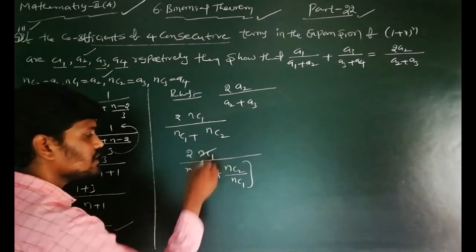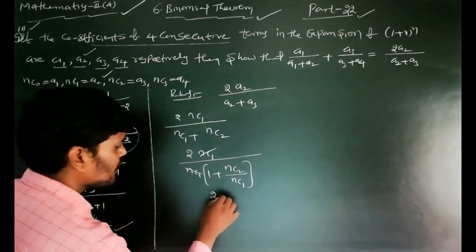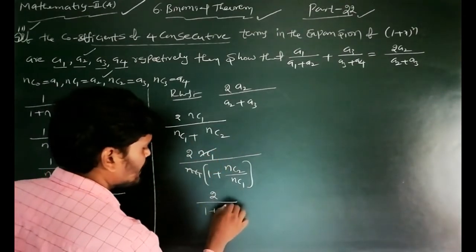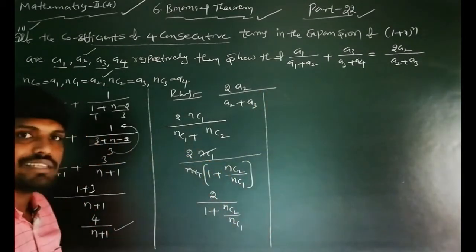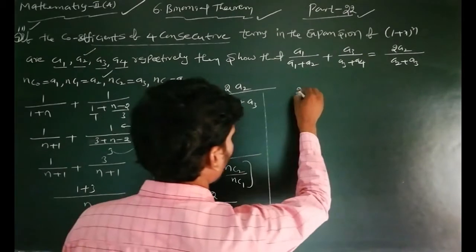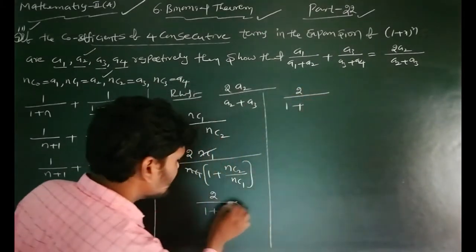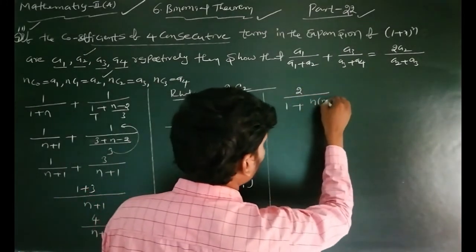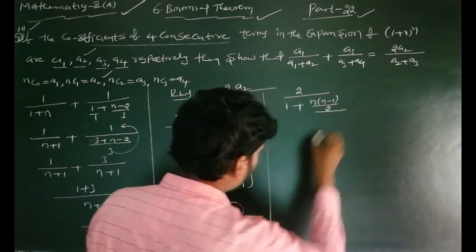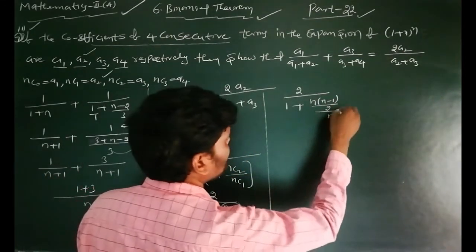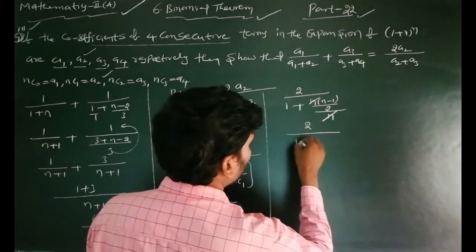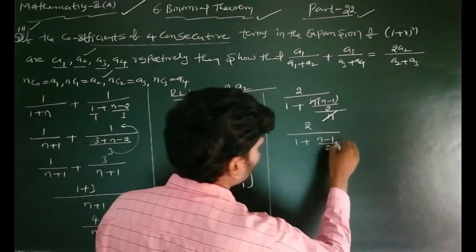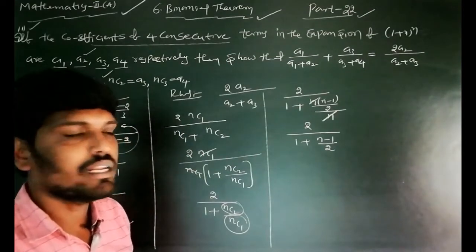Here nC1 gets cancelled. 2/(1 + nC2/nC1). Already the nC2 value is there: 2/(1 + n(n-1)/2). nC1 value is n, which gets cancelled. Remaining 2/(1 + (n-1)/2).